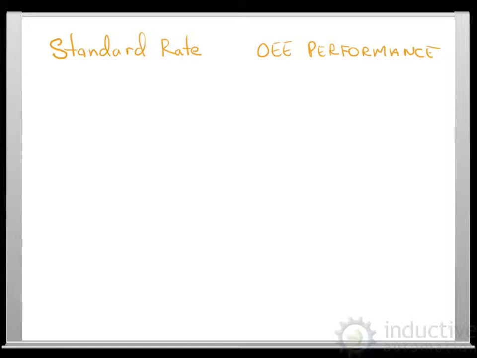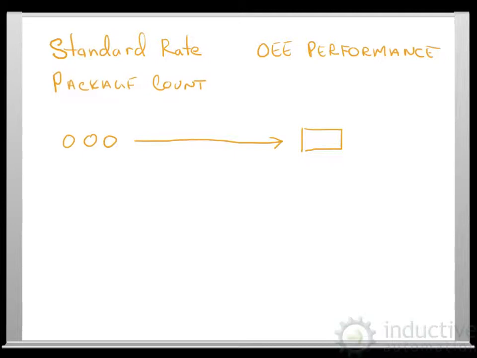Okay, the other thing we need to know is our package count. And why that's needed is if we have bottles coming into our line, and on the end of the line we have cases.